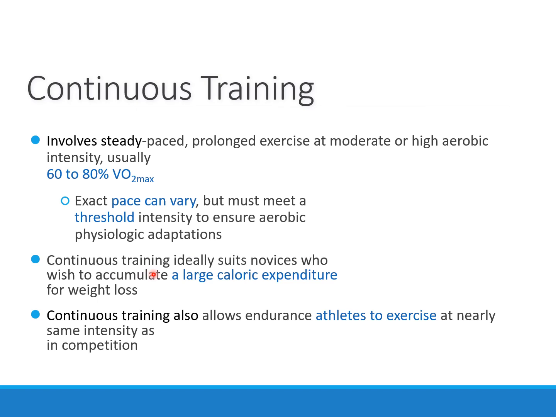Continuous training usually benefits 2 different groups of people: either novices who just want to accumulate a large caloric expenditure for weight loss, or endurance athletes who want to simulate race conditions and competition. So there are 2 different groups that can benefit greatly from this type of training.